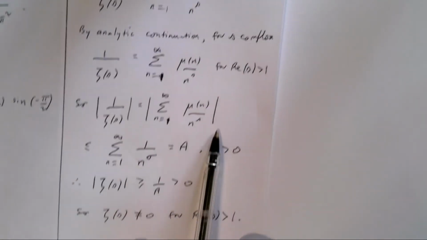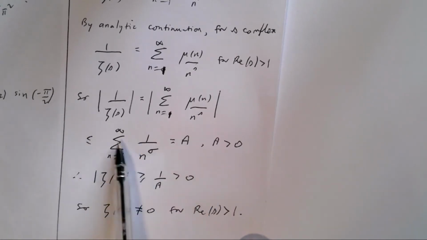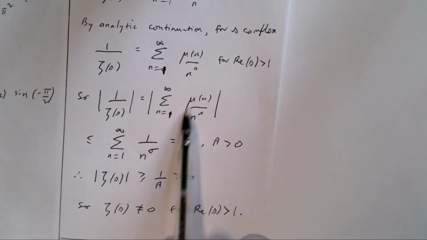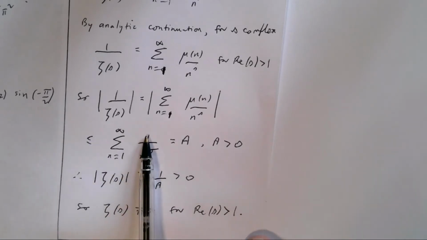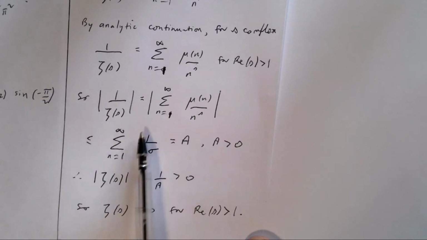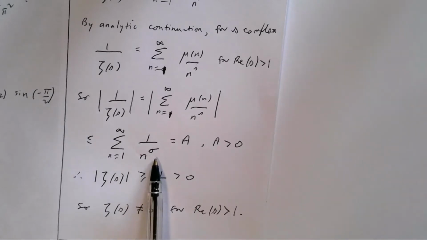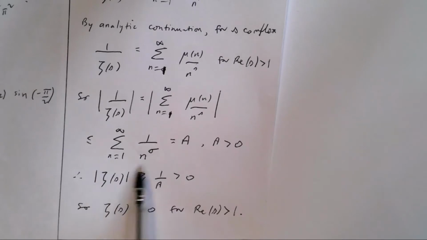Then I can use the triangle inequality, noting that the modulus of mu of n is less or equal to 1, in fact it equals 1 or is 0, so it's less or equal to 1 over the modulus of n to the s, which is n to the sigma, where sigma is the real part of s.